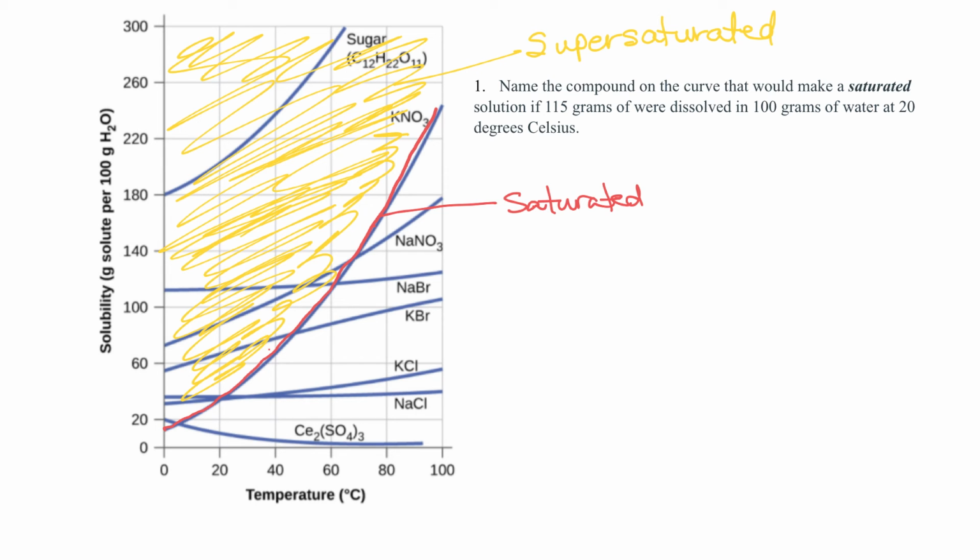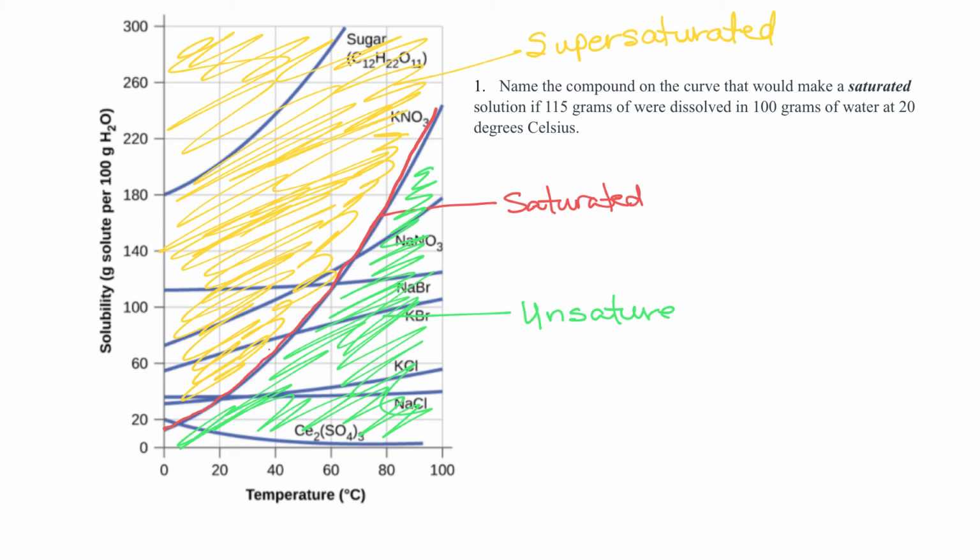And anything below this line is going to be unsaturated. That means we could actually dissolve more at that same temperature.